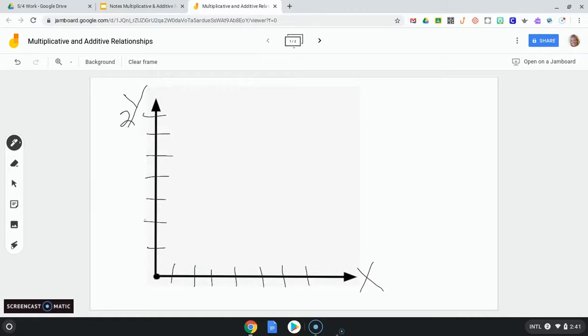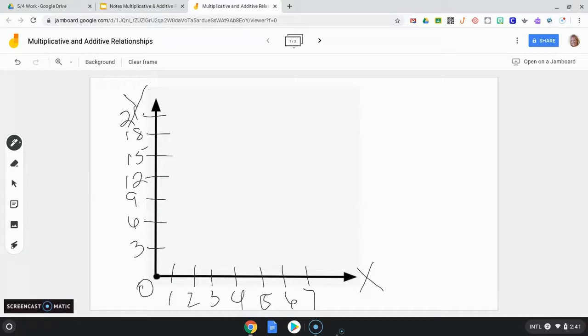So there's 21. And this is 18, 15, 12, 9, 6, 3. And then this is 0, 0. That's 0 right there. And then these are all ones. So it's 1, 2, 3, 4, 5, 6, 7. Okay.